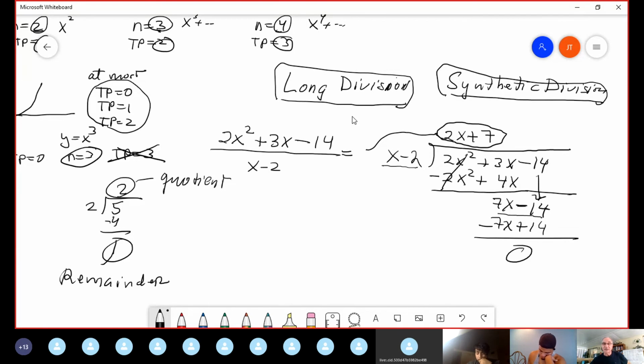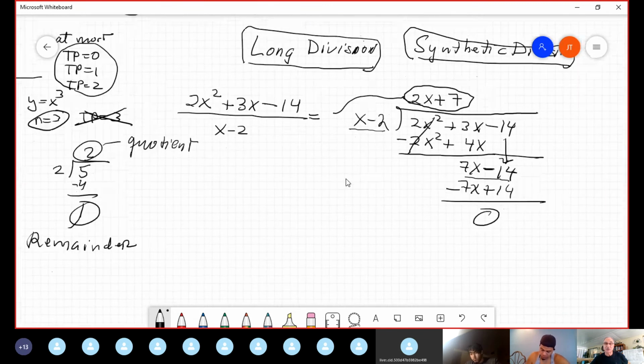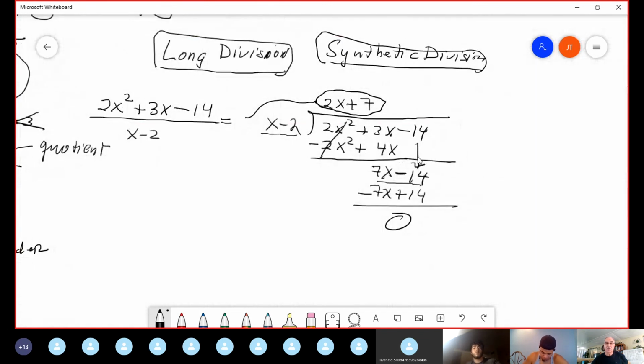Let's do it now with synthetic division. Synthetic division is fantastic, but it has a limitation. What is the limitation? First of all, you only apply it when the divisor is degree 1. If the divisor is not degree 1, we cannot apply synthetic division, but in the majority of cases this situation happens.